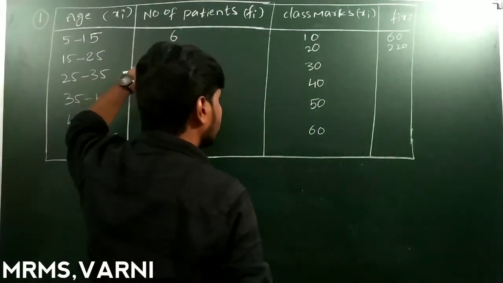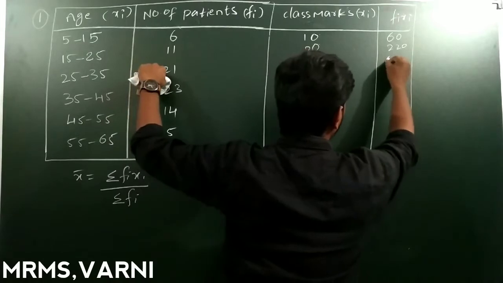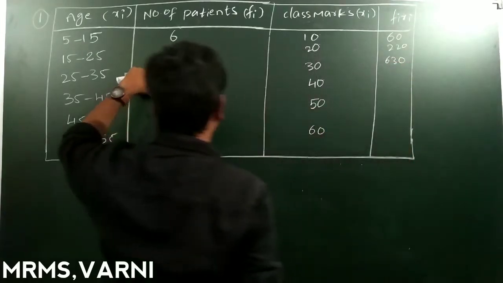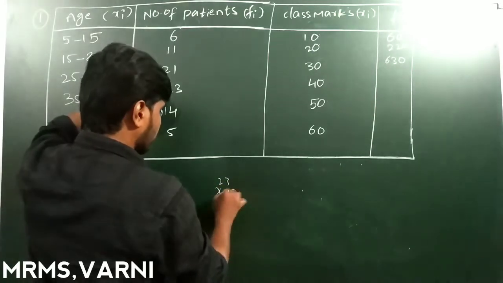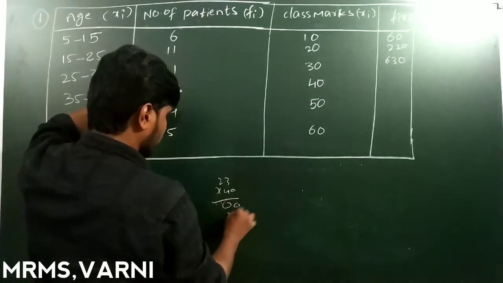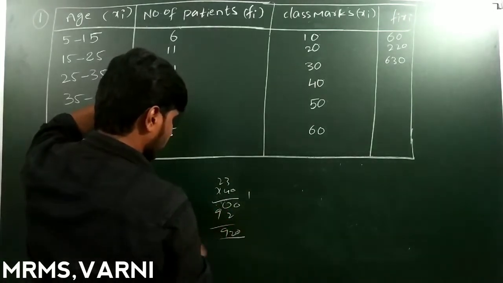So 21 3s are 63. It means 630 it is. Next 23 into 40. So 4 3s are 12, 4 2s are 8, 9. So here it is 920.